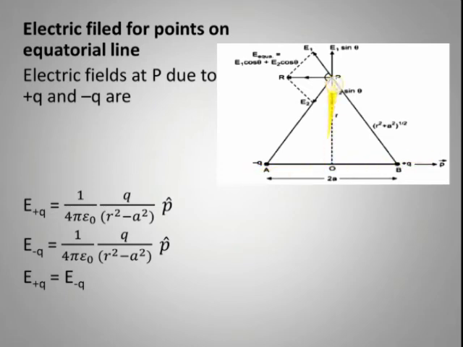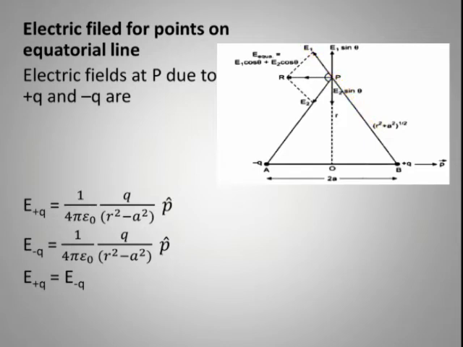Now this point tells you where you have to calculate the electric field. If I consider the positive charge and its electric field lines, what happens? They radiate outward. You can see the arrow mark, it is outward, passing through this point P.